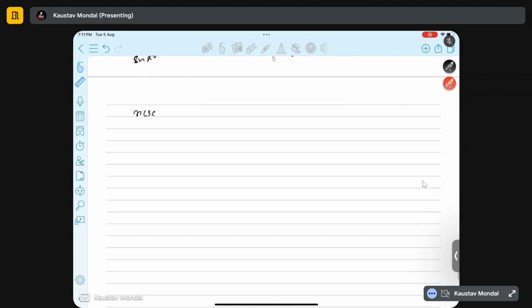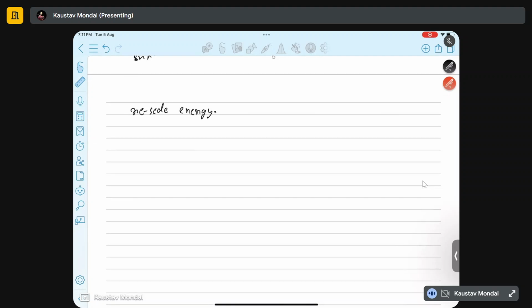We are rescaling the energy just for the sake of our calculation, because it is easier to deal with if we start the ground state energy at 0. After rescaling, we can rename it epsilon n in place of En, so that will be n square h square over 8 m x square minus h square over 8 m x square.